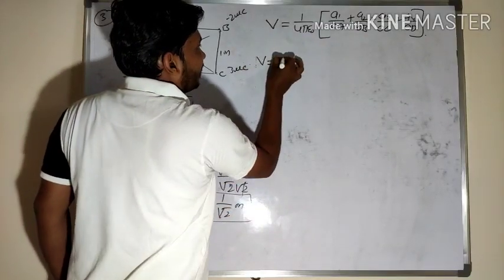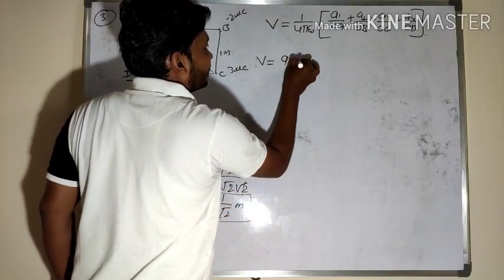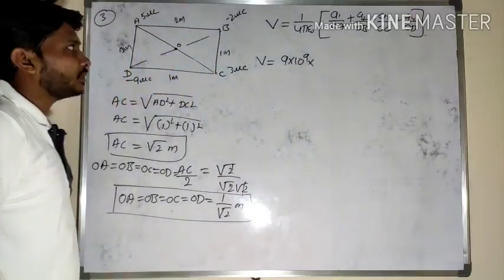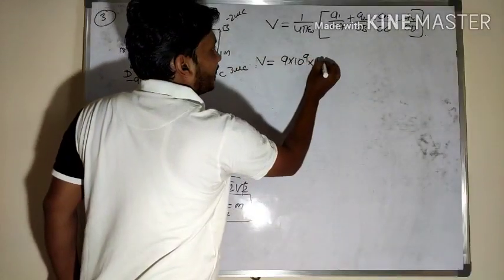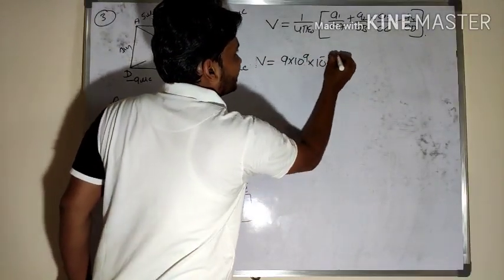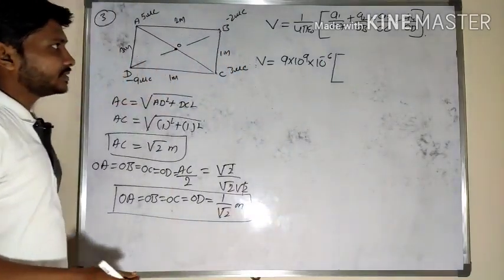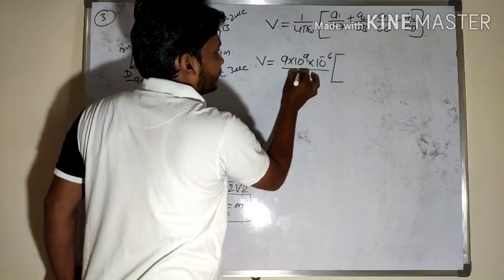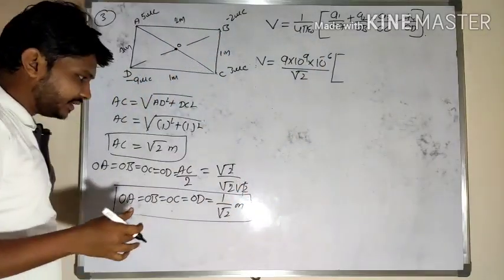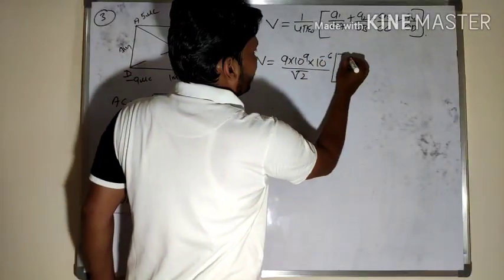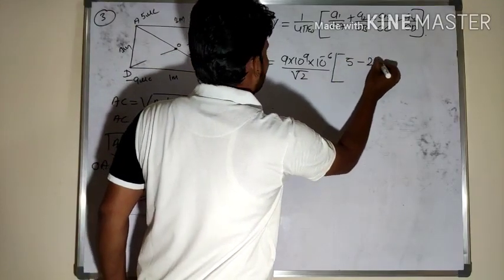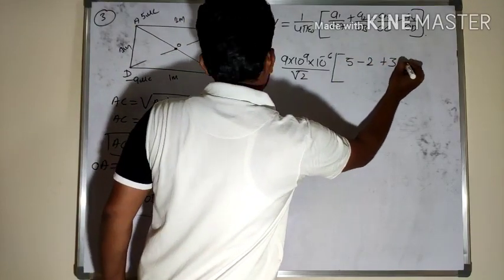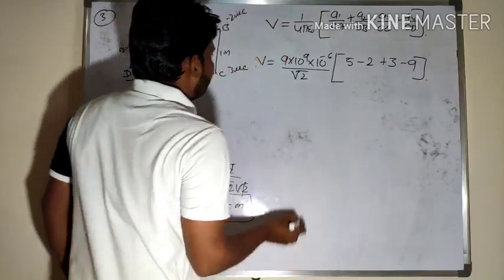So let me fill the values. 1 by 4 pi epsilon naught means 9 into 10 to the power of 9. For microcoulomb, I take 10 to the power of minus 6 outside. OA is equal to OB is equal to O to C, so I take that 1 by root 2 outside. So Q1 is how much? 5 minus 2 plus 3 minus 9 here.